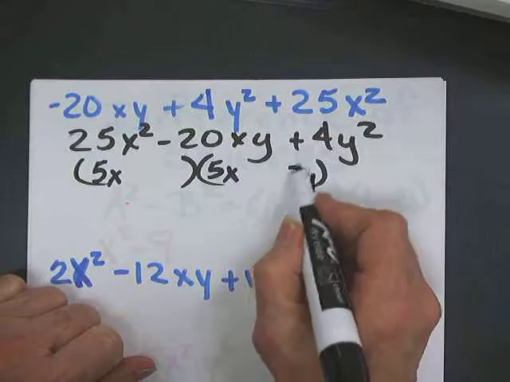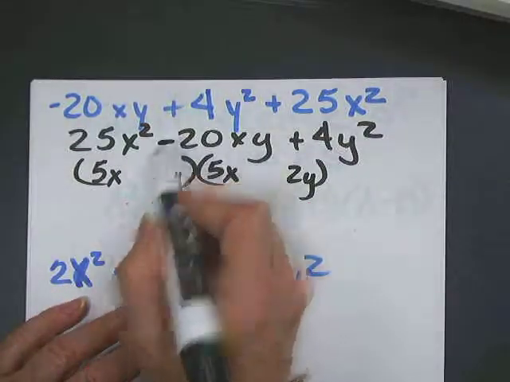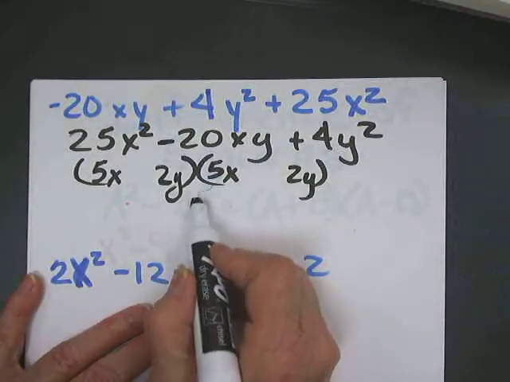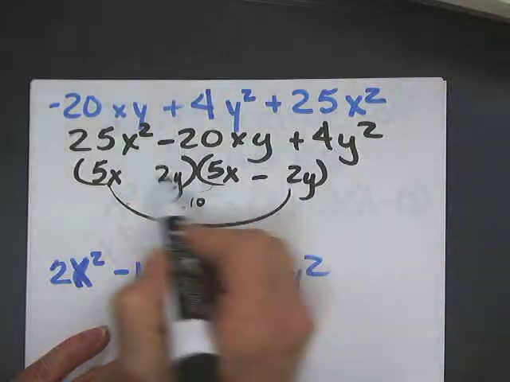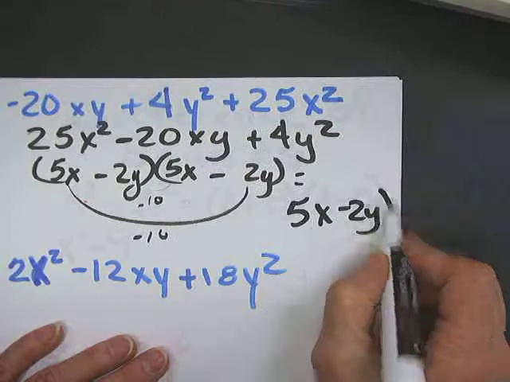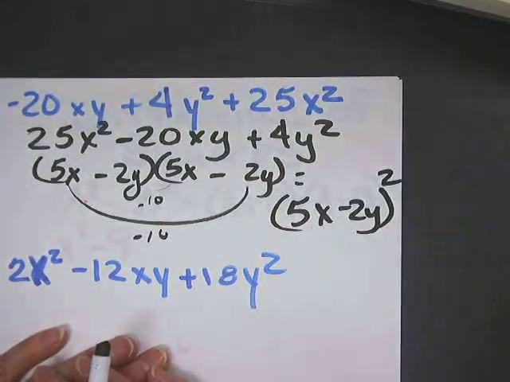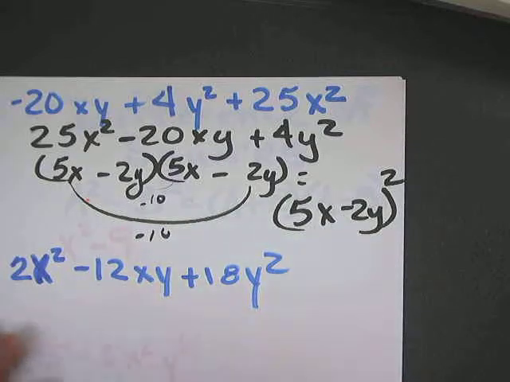We need the 5 and the x, right? And we then need 2 what? 2y. 2y. How are we going to get negative 20? We've got a 10 and a 10. Both negatives. Right. We write that as 5x minus 2y squared.